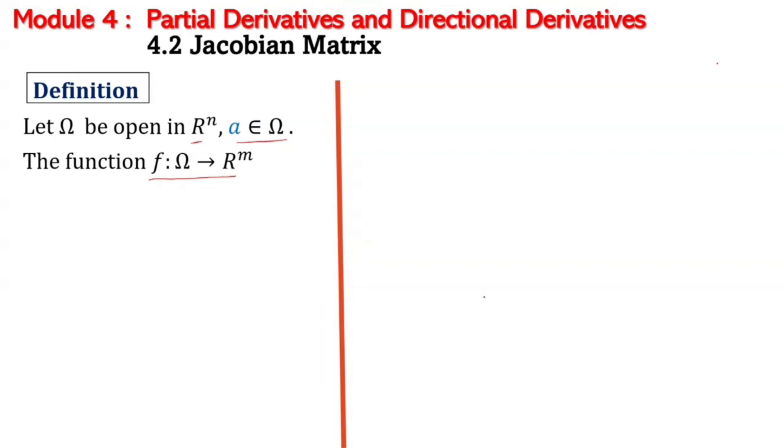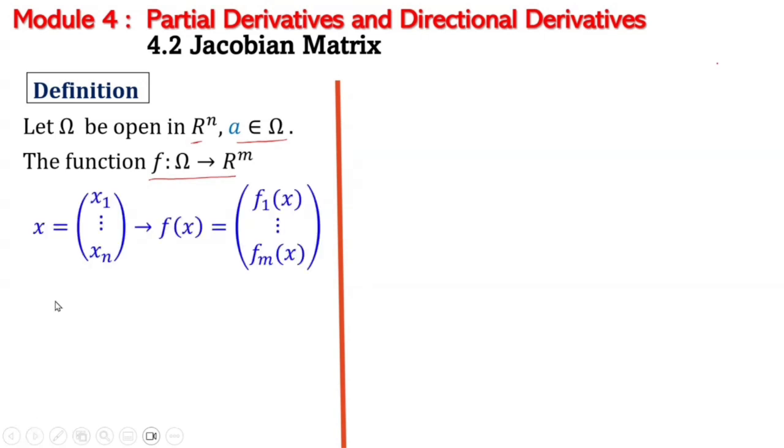in such a way that x is (x1, x2, ..., xn), because we have here Rn, and the function f(x) has components up to m because it is in Rm.